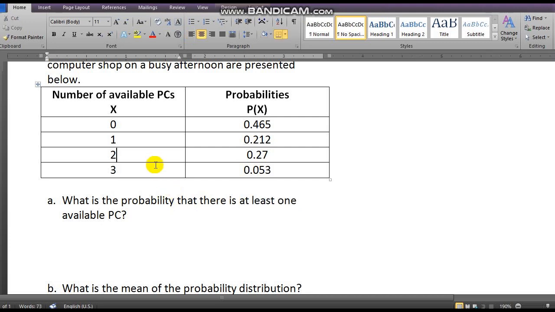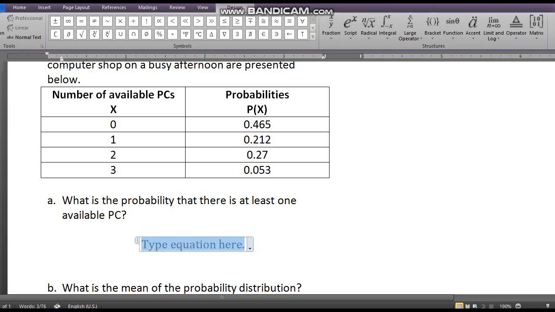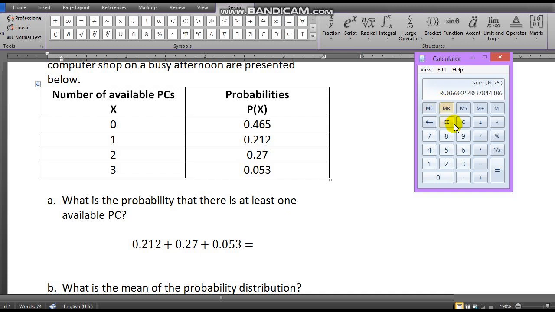So we just add 0.212 plus 0.27 plus 0.053.